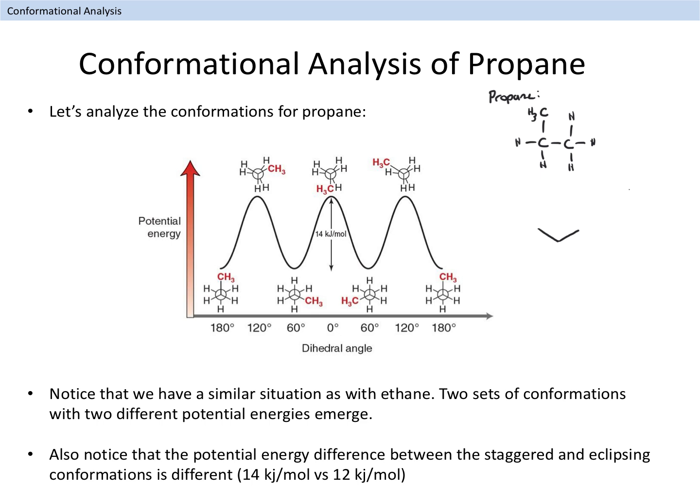Propane has 3 carbon atoms, which we can draw as a V shape using our line bond zigzag style drawings. Let's call these 3 carbon atoms C1, C2, and C3.